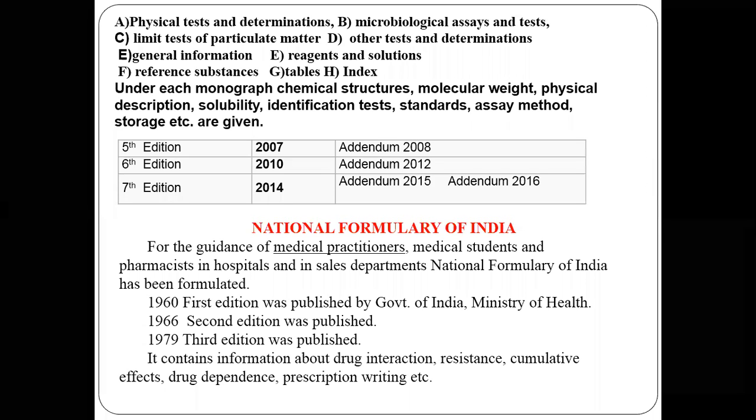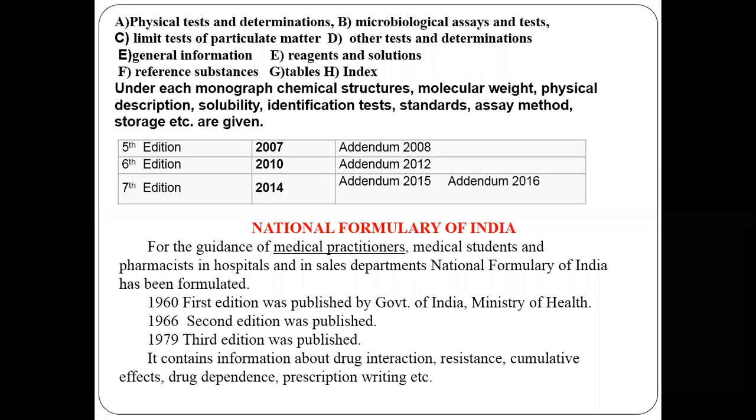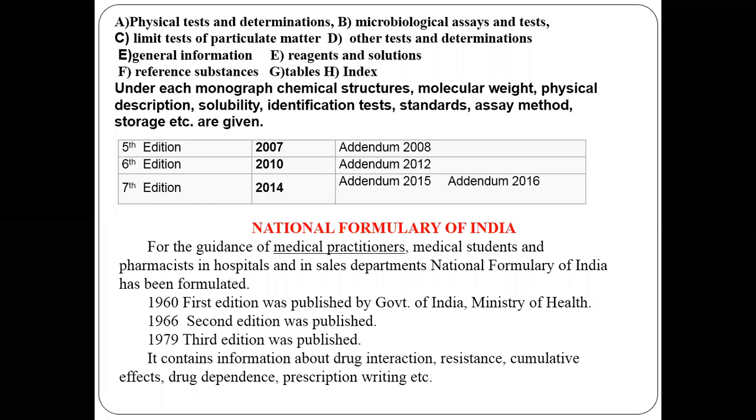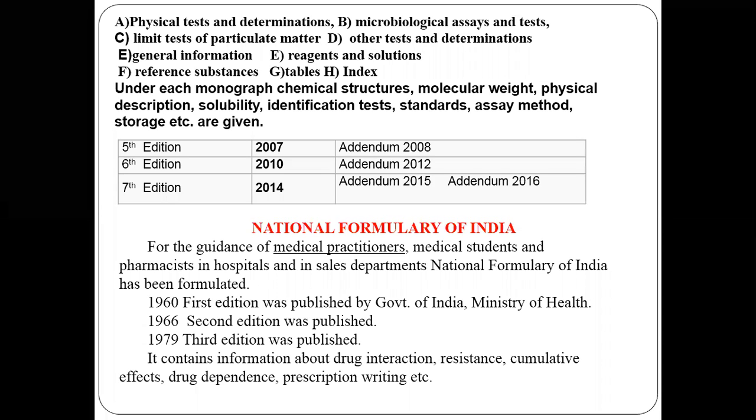It contains nearly the same information as your pharmacopoeia, but additional information which is required for the physician while treating, regarding drug interactions, drug resistance, cumulative effects of drugs, drug dependence, and prescription writing. So these are the general information which are useful for the physician and medical student. That's why a national formulary is prepared in the various hospitals.